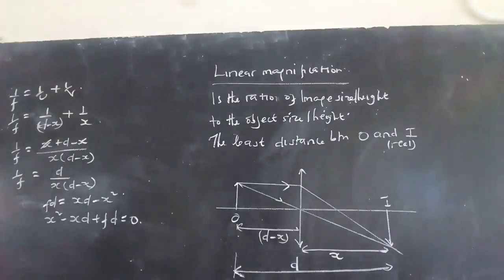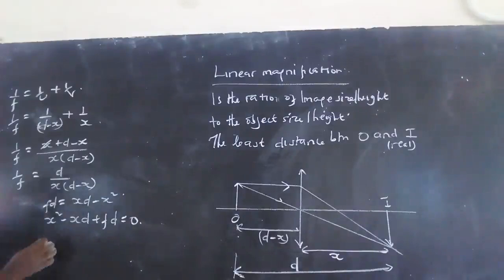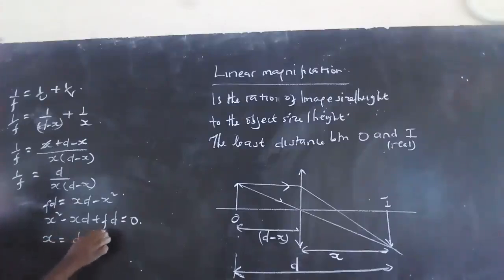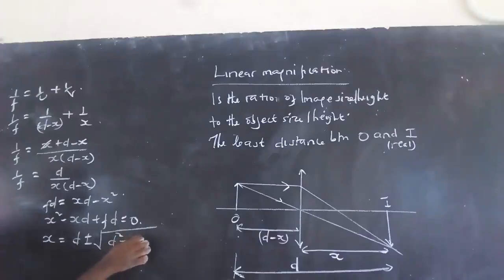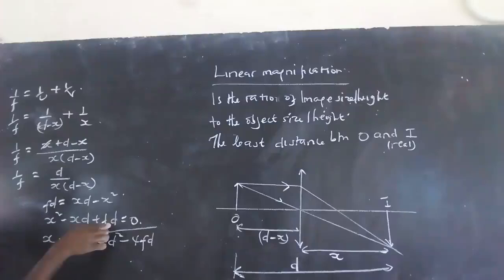Then, when we reach there, we shall now get for the image to occur, of course, we can first get x using the equation minus b plus or minus square root of b squared minus 4ac, over 2a. So this is d plus or minus square root of d squared minus 4 times a, that's fd, divided by 2.